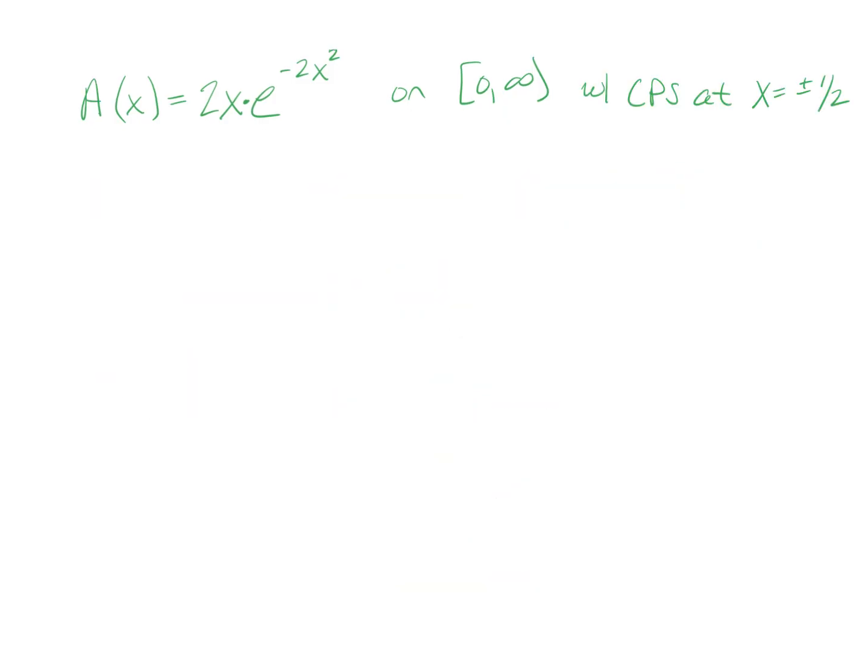So to summarize, we're trying to maximize A of x, the area of a rectangle, given by 2x e to the negative 2x squared, on the interval from 0 to infinity, and I have critical points at plus or minus a half. Okay, so I'm going to look at an XY chart.